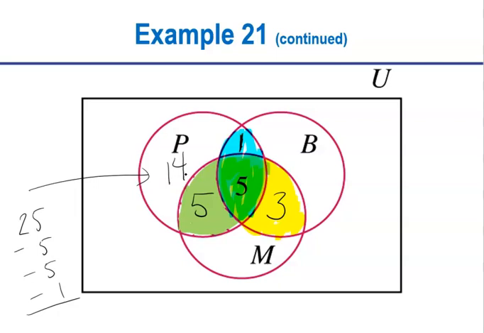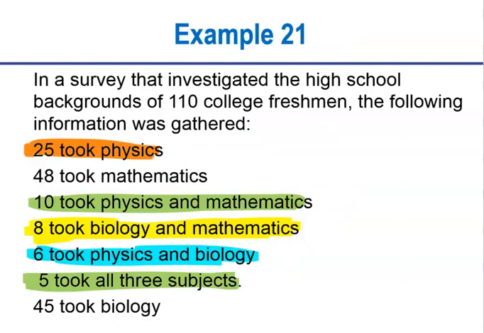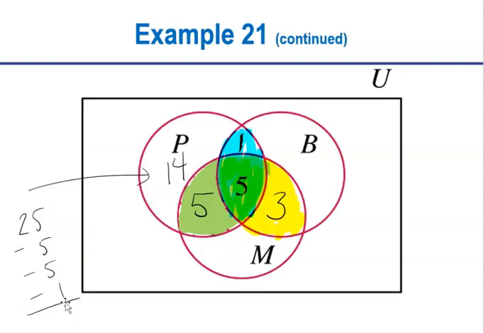All right, so biology. What color do you want biology to be? How about pink? Okay, so how many students took biology? 45. So I go back to my circle, and my biology circle, I have 45 total, but I can't put that out here because I've already included 1 student up here, 5 students in the center, and then 3 students that took biology and mathematics.